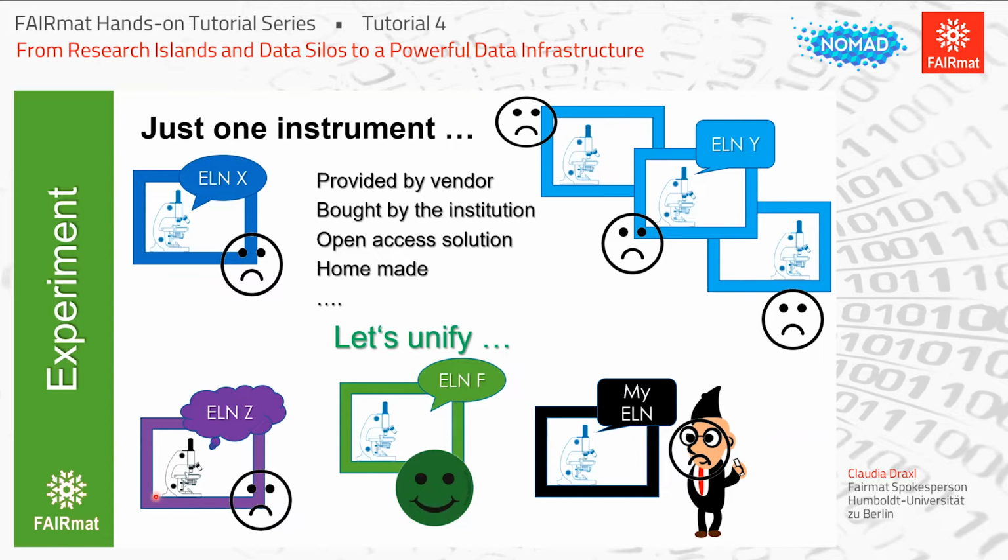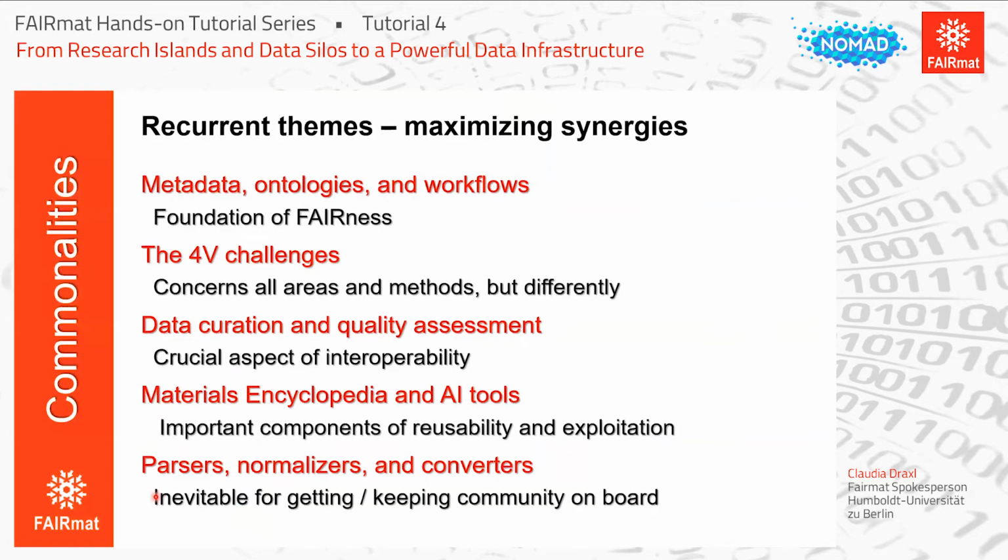So in that sense, I'd like to get back to the slides that I've shown you before. I emphasized before that it's important that metadata, ontologies, workflows are provided by us who create the data infrastructure, but it's equally important also for the experimental community. So parsers, normalizers, and converters have to be provided by us in order to keep the community on board. So it's up to us to provide these tools.